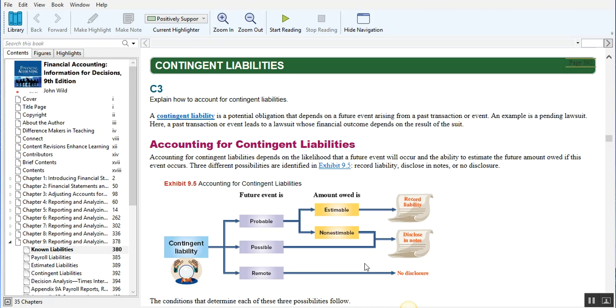So this obligation that could happen, but we don't know how much it will be, or it's probable to happen but we don't know what it will be, would be disclosed. Many times these contingent liabilities are lawsuits or class action lawsuits of some kind where there's some issue with a product or with a policy of the company.